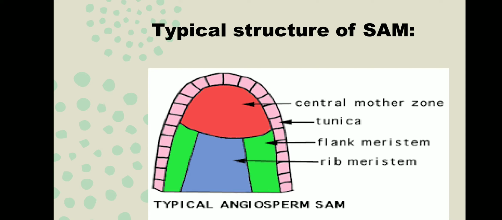This peripheral zone has cells that are dense in their cytoplasm and are more frequently dividing cells, which later form the leaves.